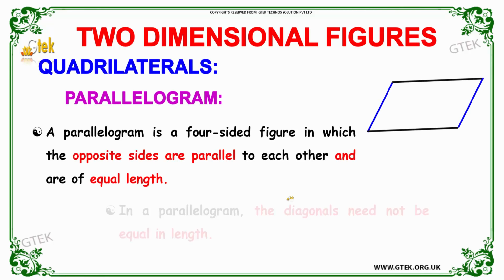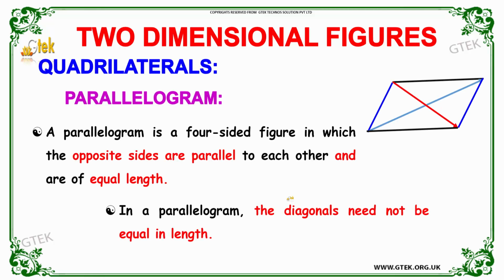We are going to see about quadrilaterals. And in quadrilateral, we are going to discuss about the parallelogram. Since your parallelogram is a quadrilateral, it will have four sides, in which the opposite sides are parallel to each other and they will be equal in length.